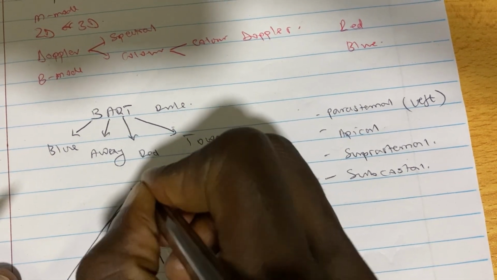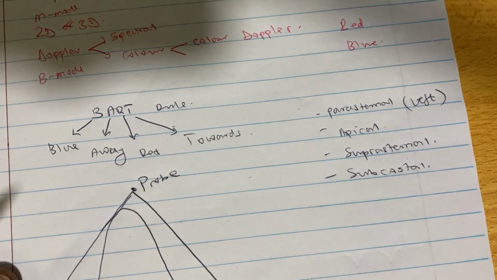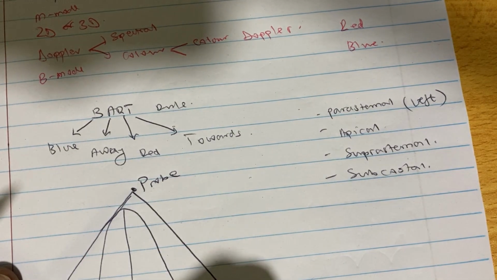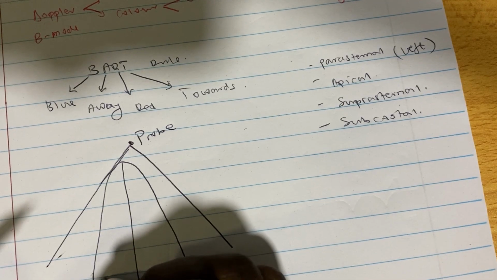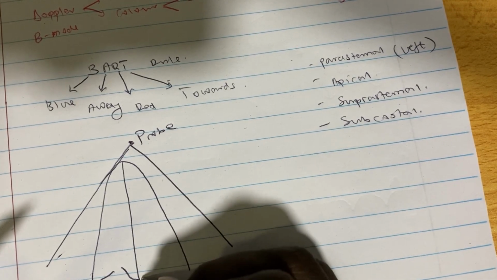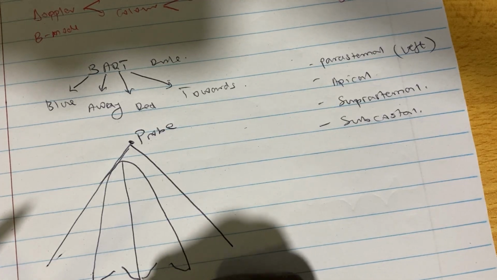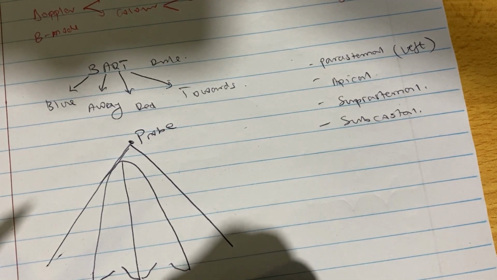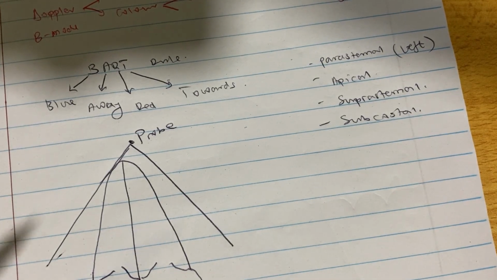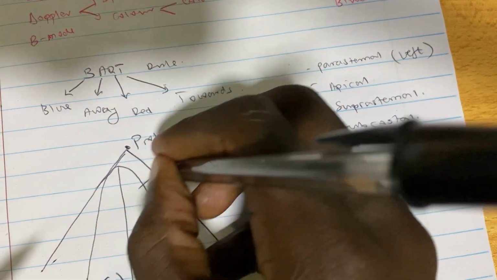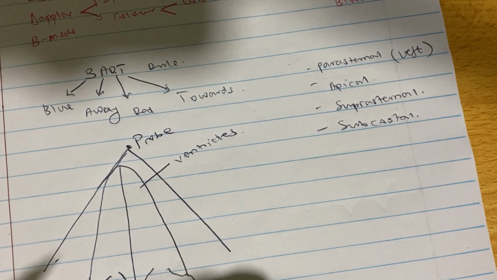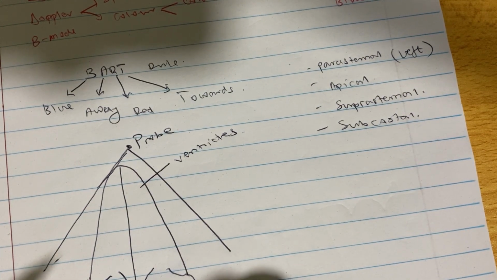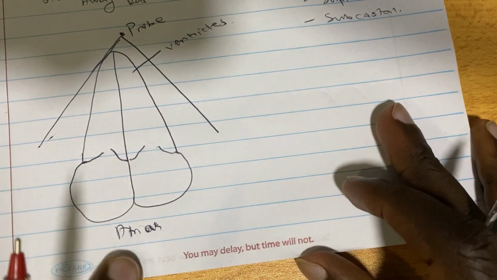This is probe or transducer. You have put it near the apex. So what comes first? They are the ventricles, and then from there we get the atria. So these are atria, these are ventricles, these are atria. Yeah, this is the 4-chamber, atria and ventricles.